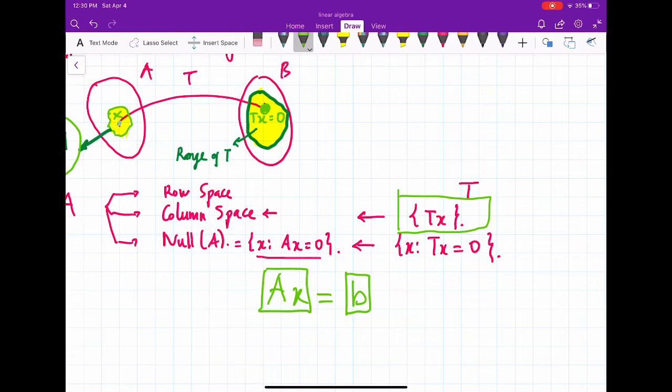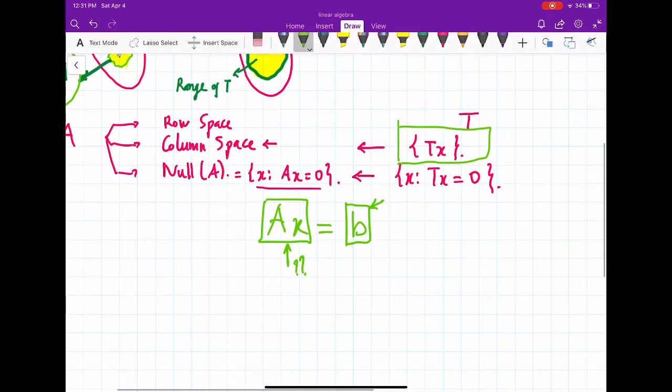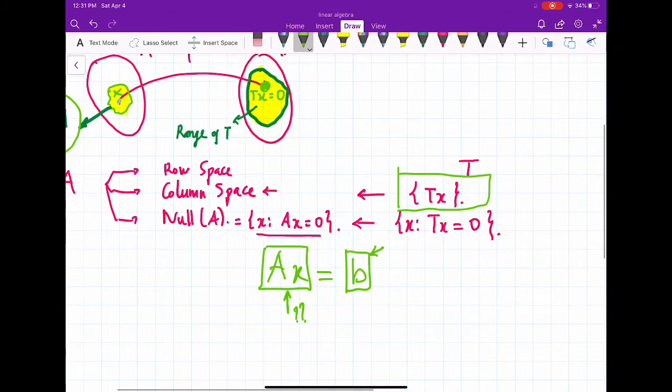But this system says B is a linear combination of columns of A. So basically, what is that? That is the space generated by columns of A. Make sense? So this space corresponds to this guy. Alright? And we call such space the range of T.